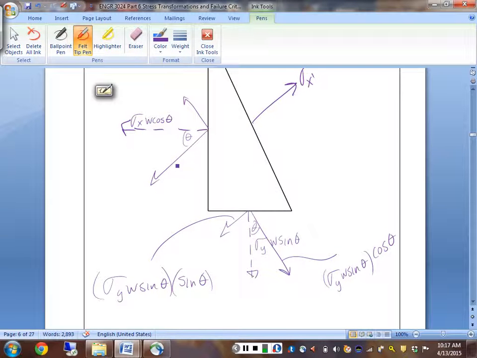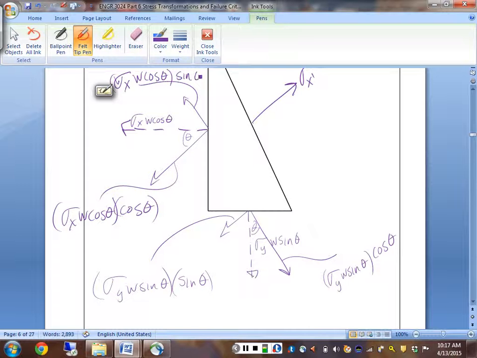What's this guy? Sigma x W cos theta times cos theta. And this guy is sigma x W cos theta sine theta.